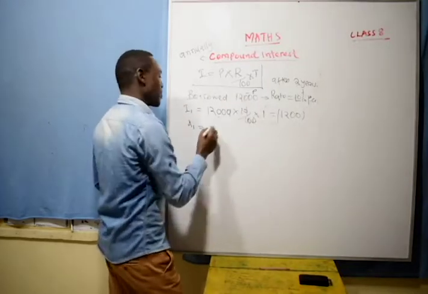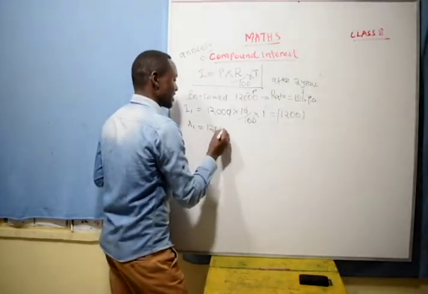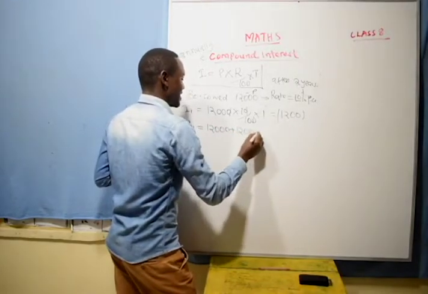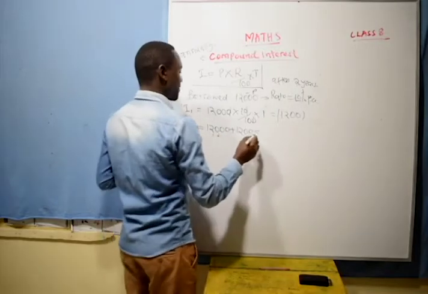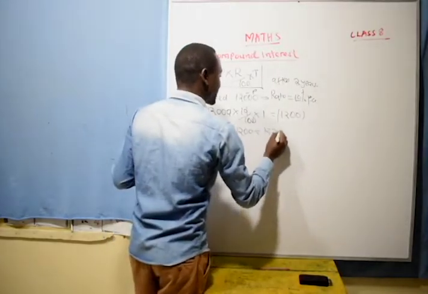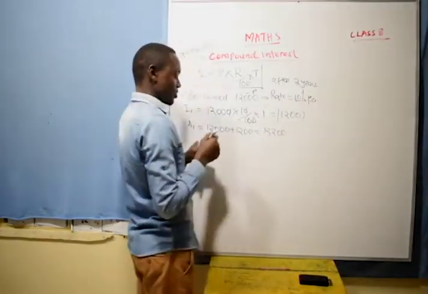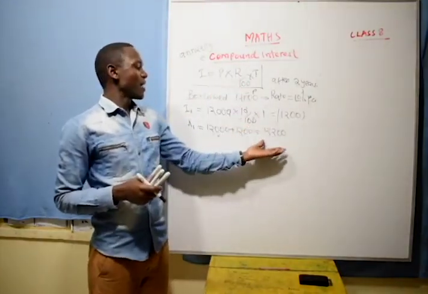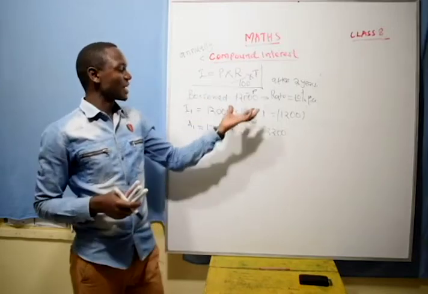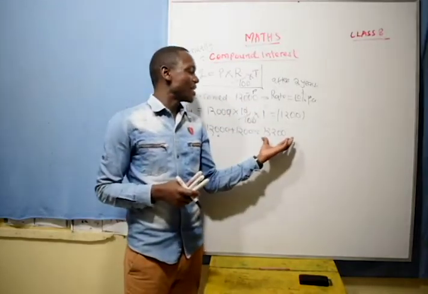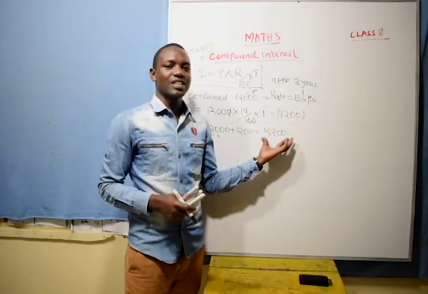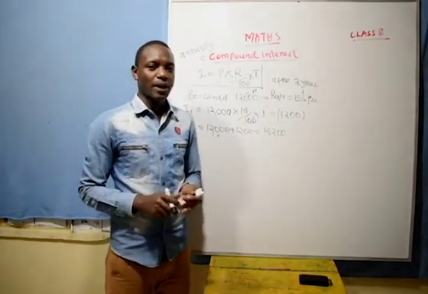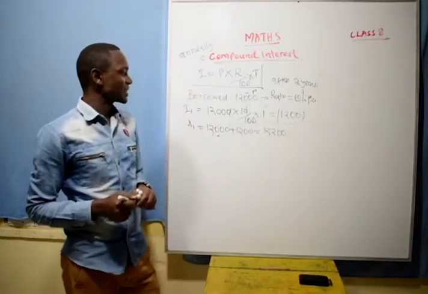That is the amount of money borrowed, 12,000, plus the interest of 1,200. So you'll have a total of 13,200 shillings. That is what you will owe the bank, because you borrowed 12,000, so you'll have a debt of 13,200 shillings at the end of the first year.